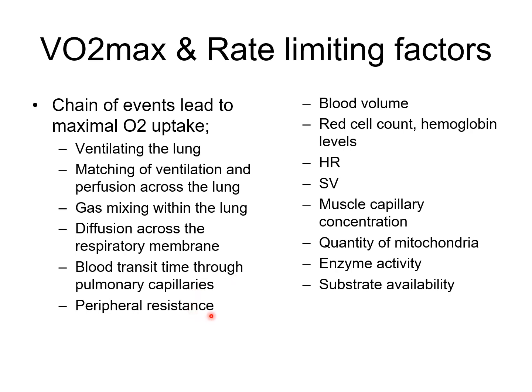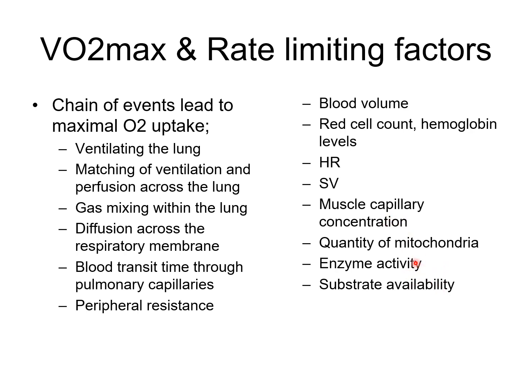Peripheral resistance, which we've mentioned previously, blood volume. Okay, the greater the blood volume, then the greater the potential for VO2 max, not always. Similarly, red blood cell count and hemoglobin levels, heart rate, stroke volume, capillary concentration, mitochondrial density.